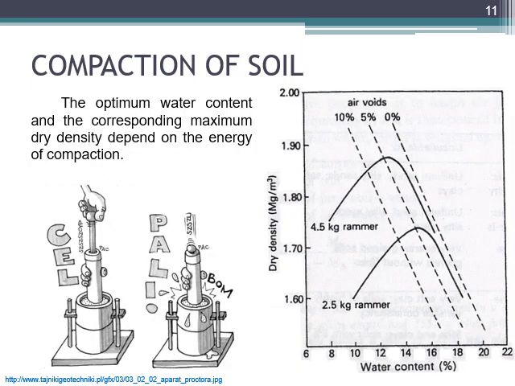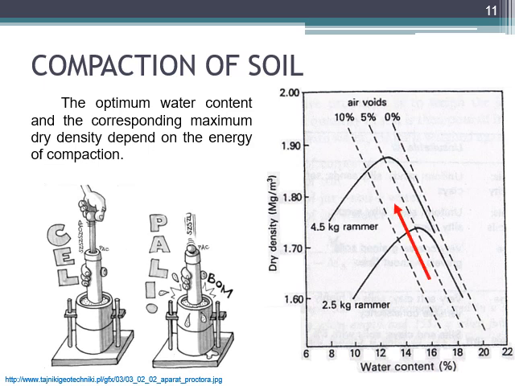The optimum water content and the corresponding maximum dry density depend on the energy of compaction. That means that if you are using a bigger rammer, or if you are dropping it from a higher, bigger height, or if you are compacting the soil in more layers, or if you are applying more blows on each of the layers, then the energy of the compaction will be greater, and so the maximum dry density will possibly be also greater.